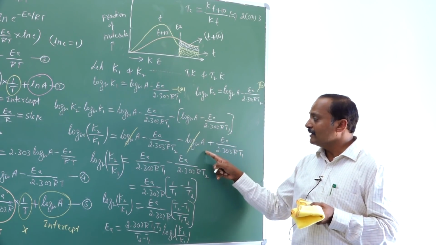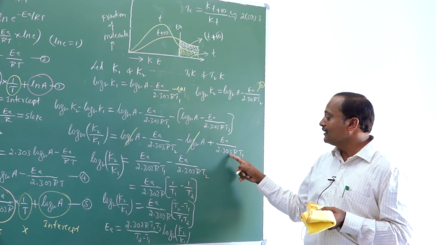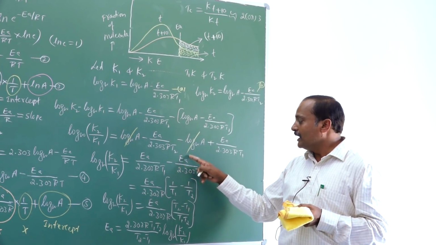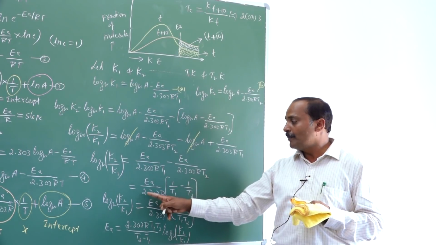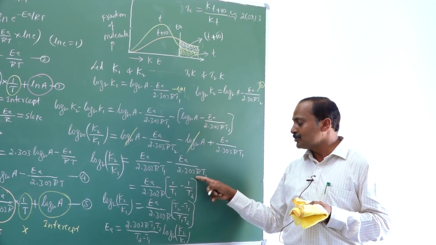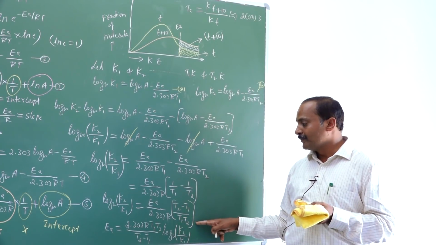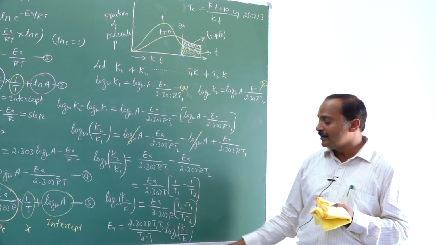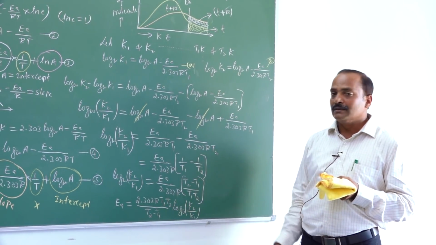Log A and log A get cancelled. We get A by 2.303 R into 1 by T1 minus 1 by T2, that is T2 minus T1 divided by T1 T2. Then A is equal to 2.303 R T1 T2 divided by T2 minus T1, log base 10 K2 by K1.